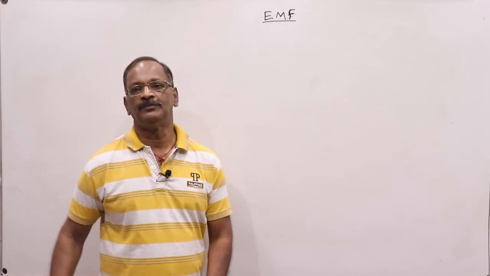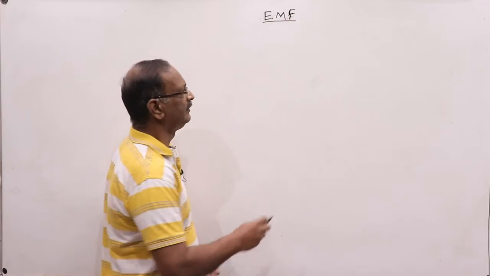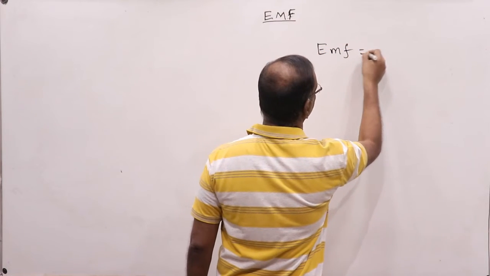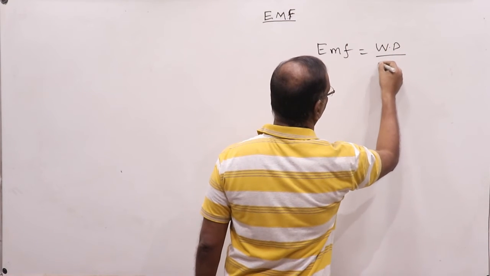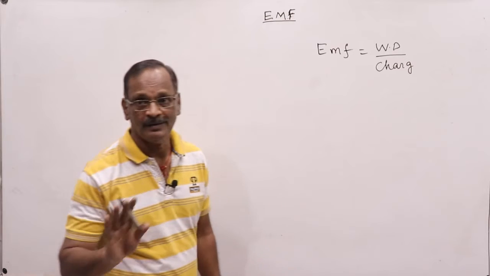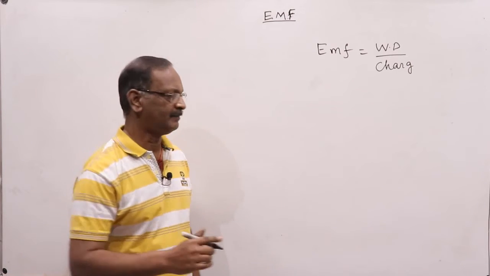Therefore, EMF of a battery or a cell is the work done per unit charge in moving a charge from lower to higher potential.